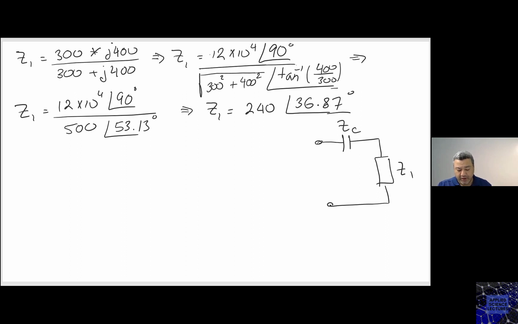So this is Z1 and this is ZC. Now, what is the total impedance here? Zn is ZC plus Z1. Now, when you're adding those two impedances, wouldn't it be 400 pi ohms? Where's the 400 pi ohms?